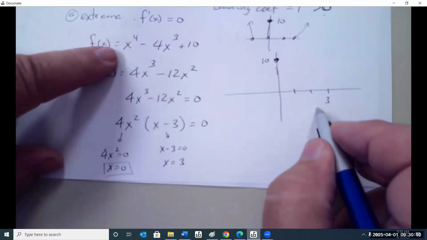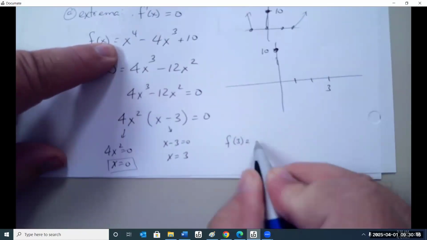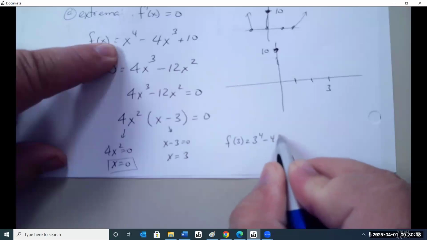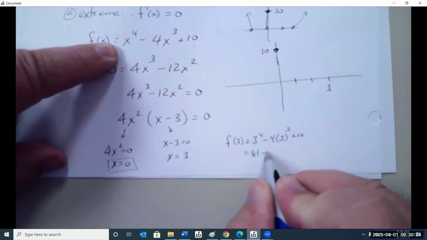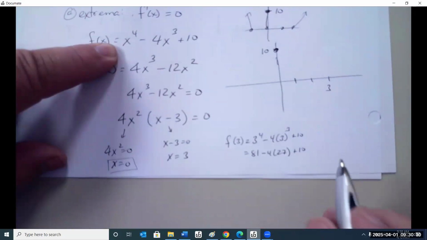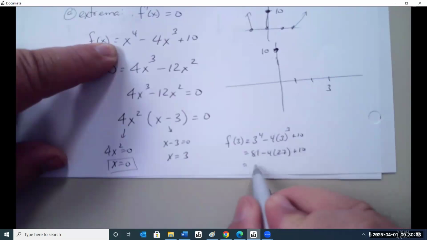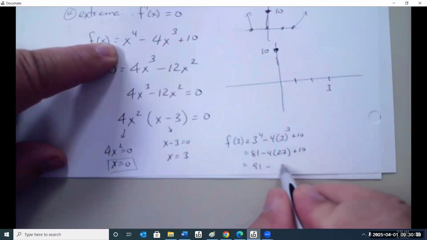When x is 3, we get f of 3, 3 to the 4th minus 4 times 3 cubed plus 10. 81 minus 4 times 27. 10 plus 81 is 91, minus 4 times 27, which is 108. 91 minus 108 is negative 17.